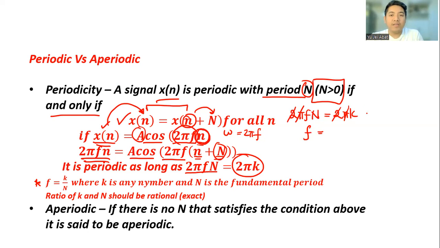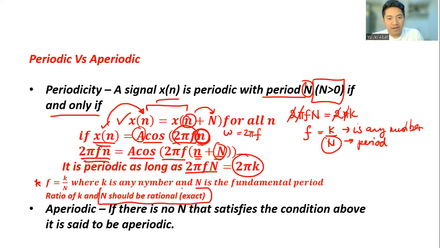If we isolate frequency, it results in f equals k over N, where k is any number and N is your period. So we can say that the signal is periodic if f is a rational value.